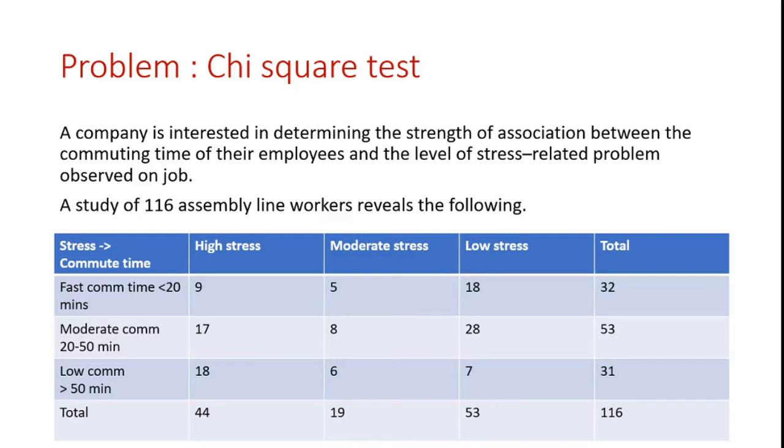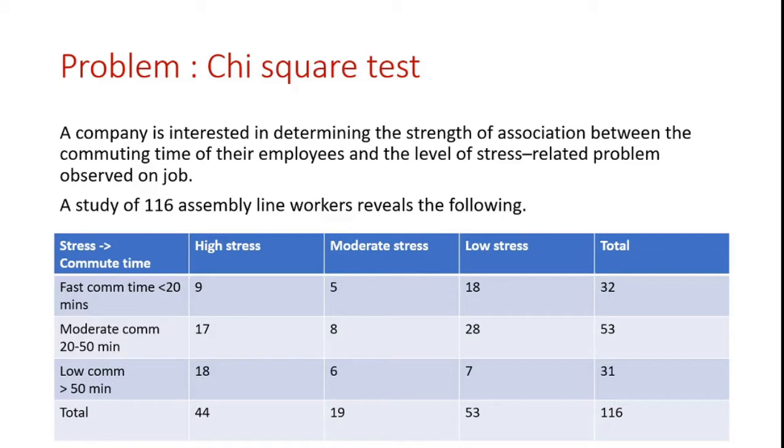The next problem is where a company is interested in determining the strength of association between the commuting time and the level of stress. So we have qualitative data which represents stress values, high stress, moderate stress or lowest stress among the employees, and the other attribute is the commuting time, the time the workers take to reach the office.